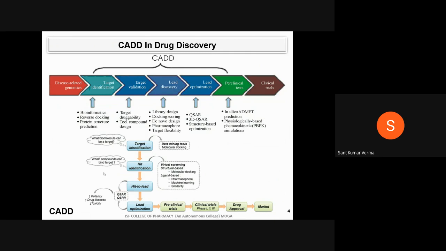We can optimize leads using QSAR. It may be 3D QSAR. We can also use 2D QSAR based on the molecular feature, based on the molecular descriptor. For structure based optimization, we can optimize on the basis of ligand structure, that this ligand is active against a particular biological target, this ligand is providing this much IC50, and these are the features of this ligand.